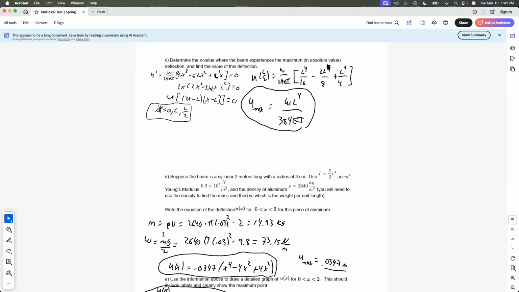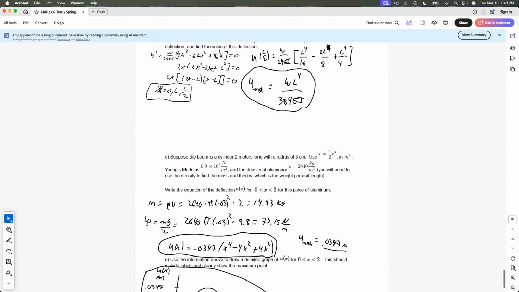And we're told the density, that will give me the mass. Then W, or omega, it's really omega, is weight, mg, divided by the length. The length here is 2. I keep saying W even though I told you it's omega. Omega is weight per unit length.